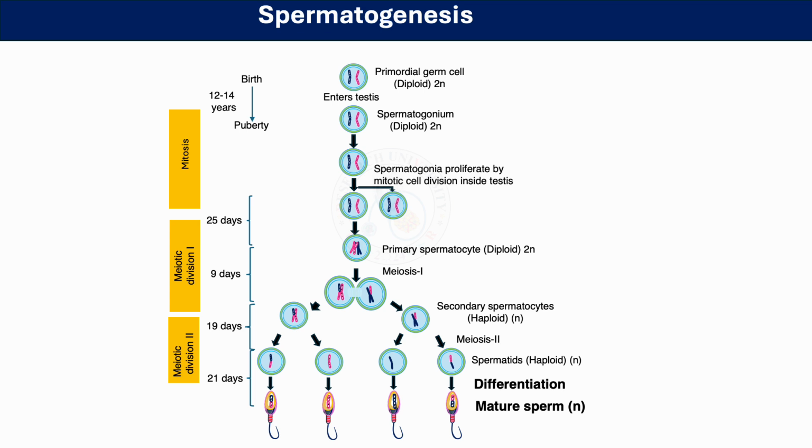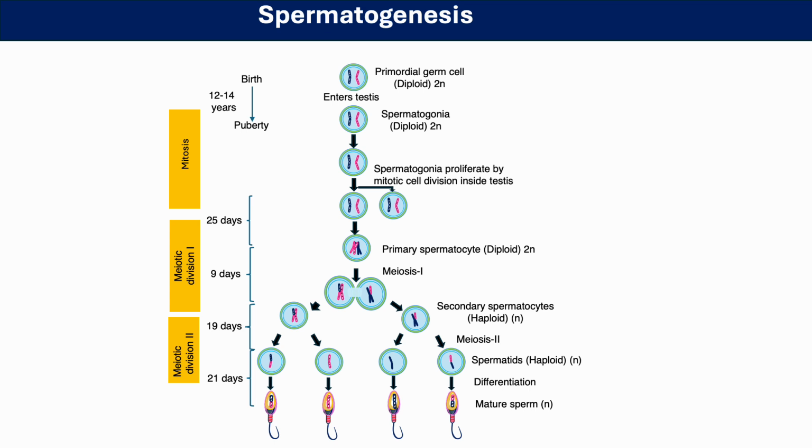This includes the condensation of chromatin in the nucleus, formation of the acrosome, and development of the flagellum. These fully mature spermatozoa are released into the lumen of the seminiferous tubules, and then move into the epididymis for further maturation and storage. They are eventually ejaculated during sexual intercourse and are capable of fertilizing the egg.